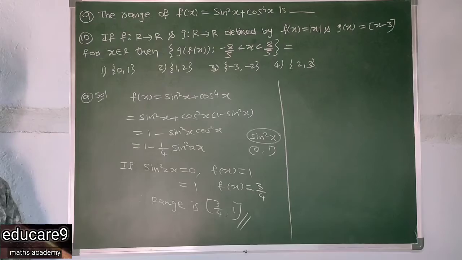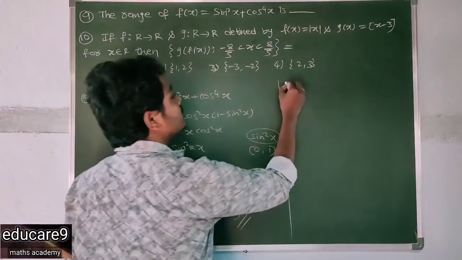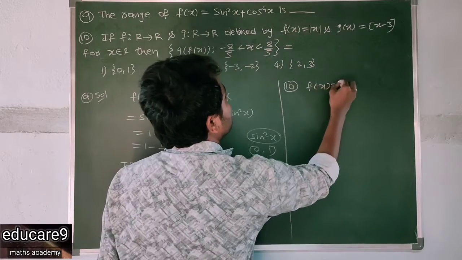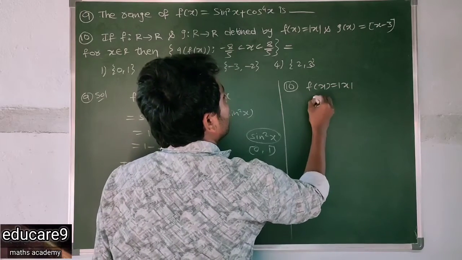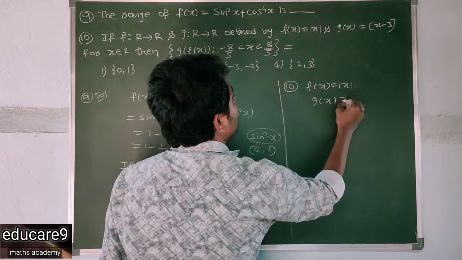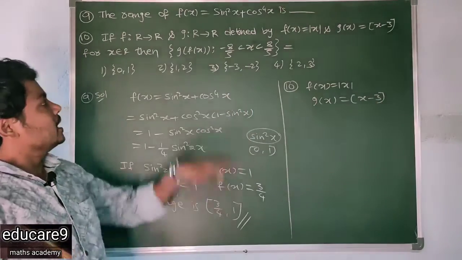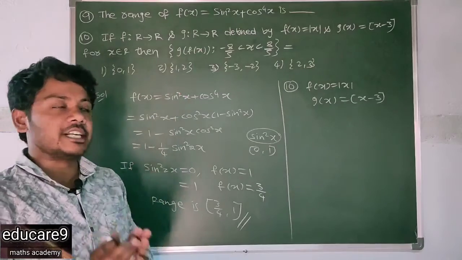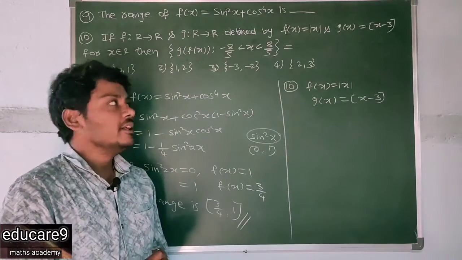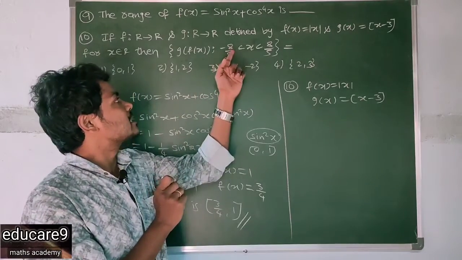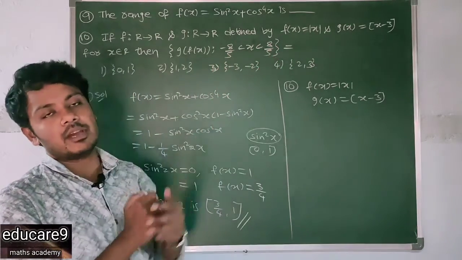So next, question number 10. f of x is equal to mod x and g of x is equal to step of x minus 3. Now find g of f of x. So that is the composite function. In that, x values lie between minus 8 by 5 and 8 by 5.